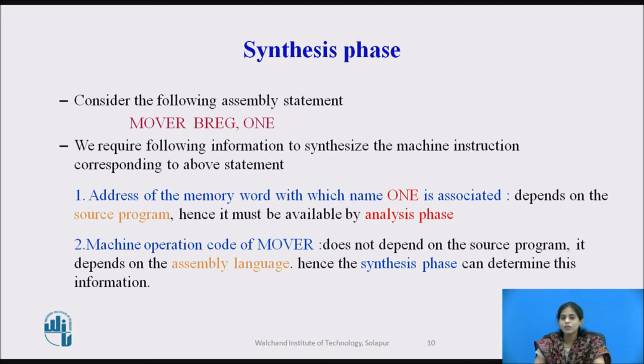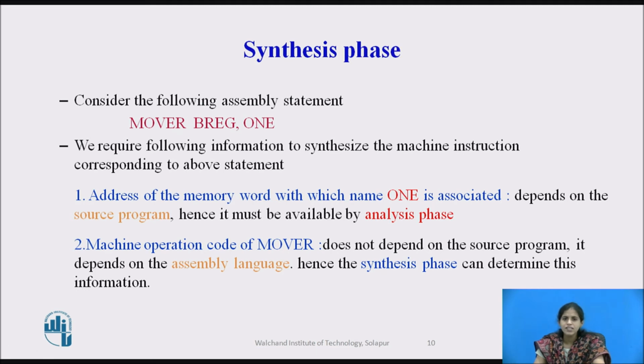So the address of the memory word with which 1 is associated is available from the analysis phase. The second information required is the machine operation code of MOVER. It does not depend on the source program, it depends on the assembly language, so the synthesis phase can determine this information.